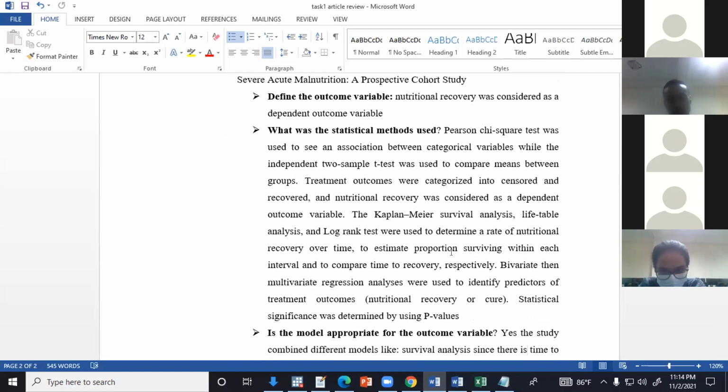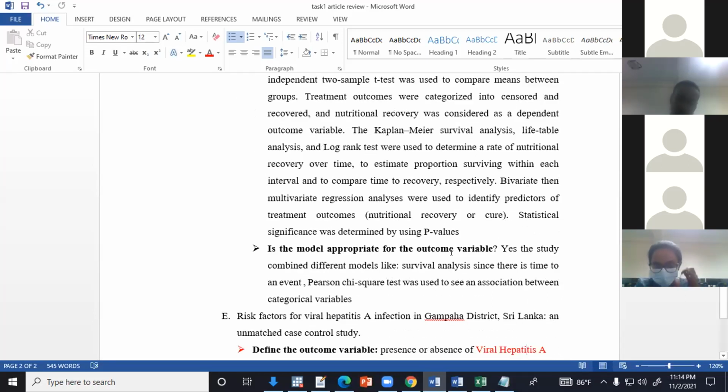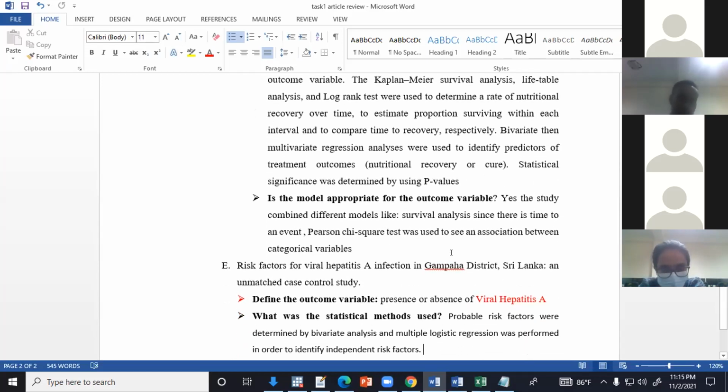Statistical significance was determined using p-values. The models used were appropriate because the study combined different models like survival analysis, since there is time to an event, and Pearson chi-square test to see association between categorical variables.